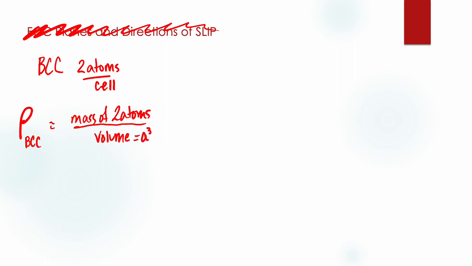So if I wanted to find the density of BCC, I could take the mass of 2 atoms divided by the volume of the cell, which is equal to a cubed.